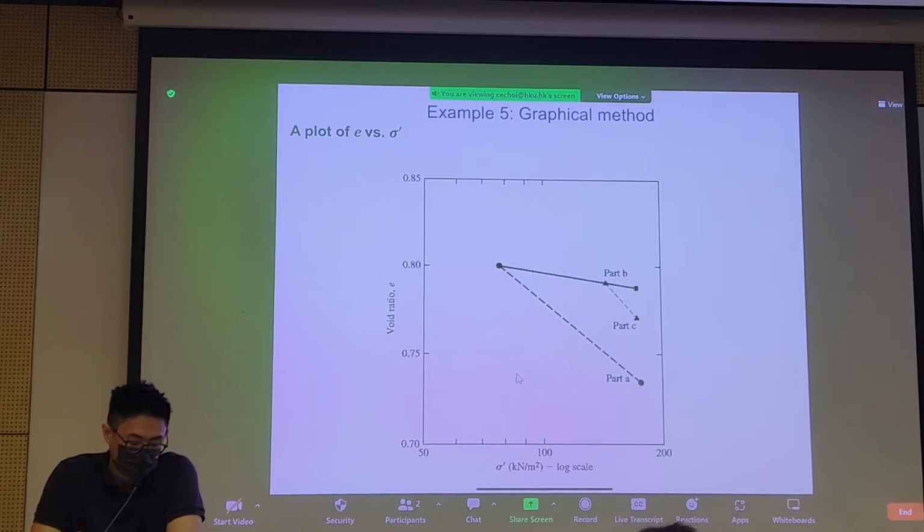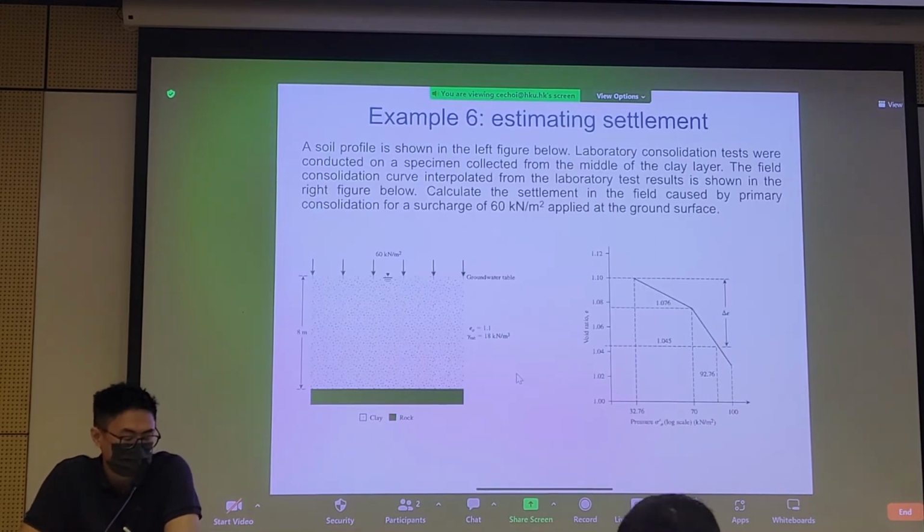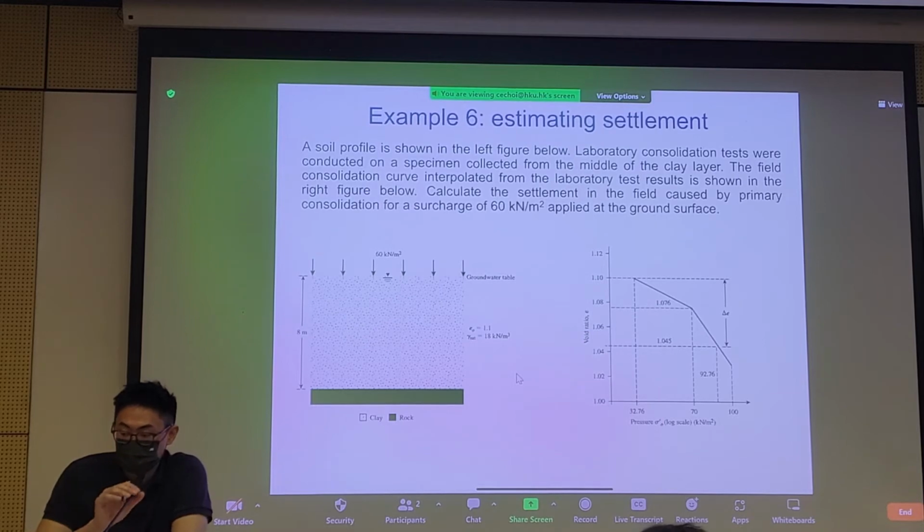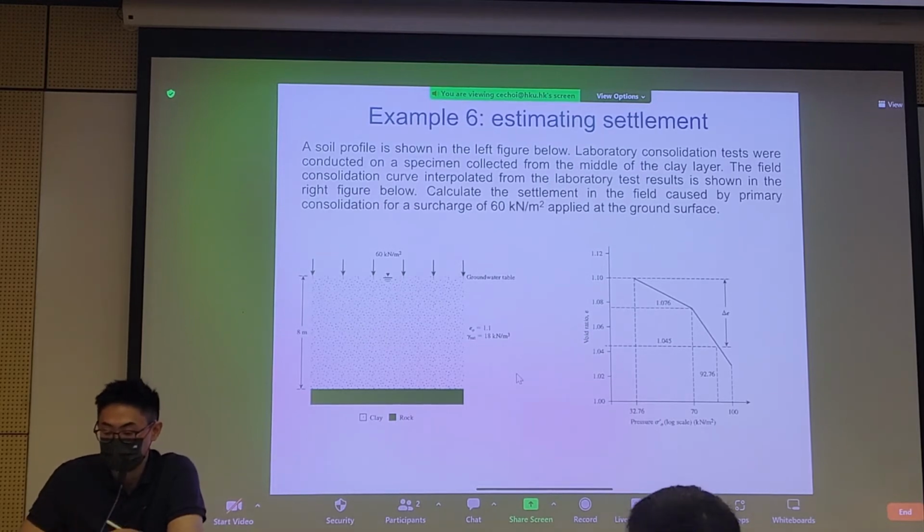We can make things a bit more challenging. Again, since we're doing reclamation and ground improvement, we can estimate settlements for typical geological profiles, as what you see at the bottom left here. We have a thick layer of clay on top of a competent rock stratum that we don't expect to move.